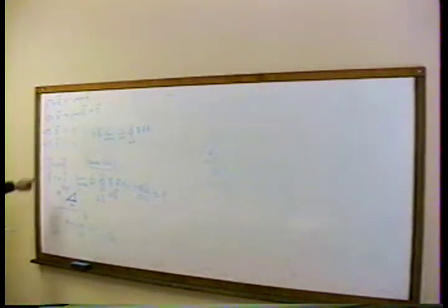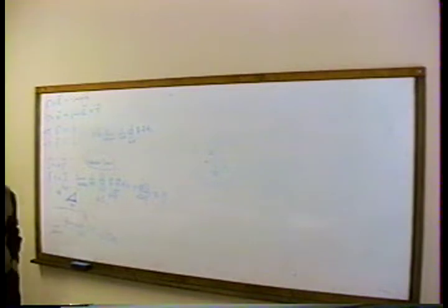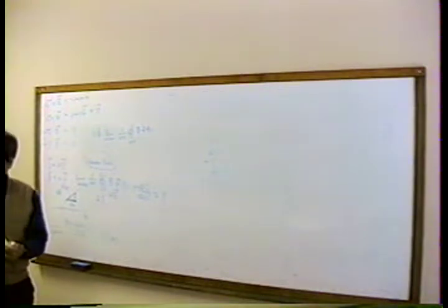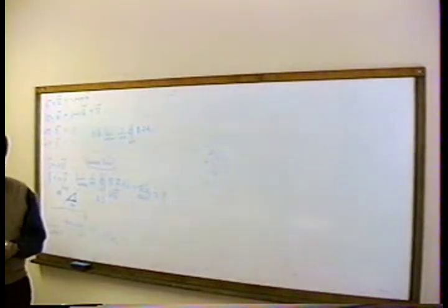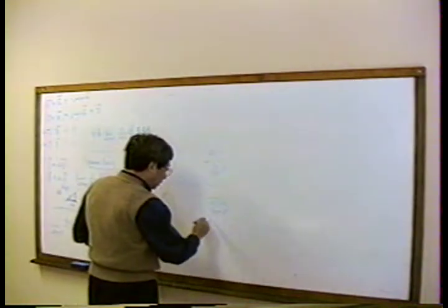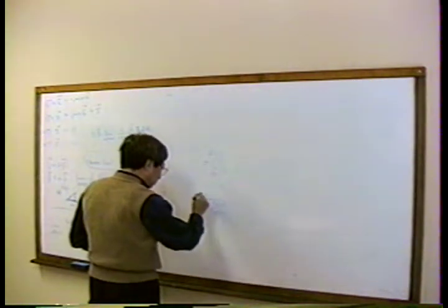Because what is B? The magnetic field lines. There is no such thing as magnetic charge, so magnetic field lines always terminate on themselves. You take a coil, the field lines go through it.